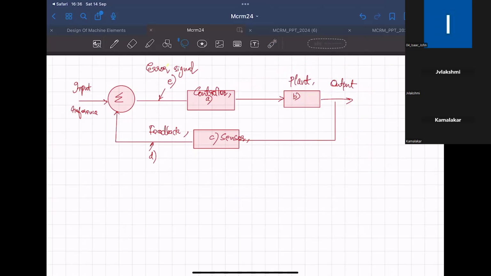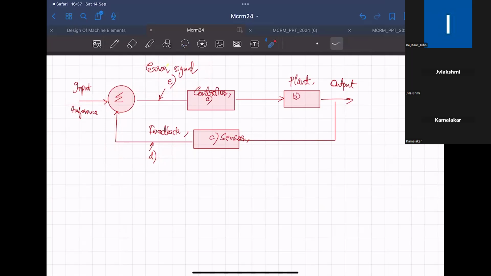Maybe if the plant is an air conditioner, the command signal from the controller will be supplied onto this plant, which in turn would give you an output, which is read by the sensors. And the sensor reading will be compared with this input reference, which would give you this error signal, and it goes on and on.